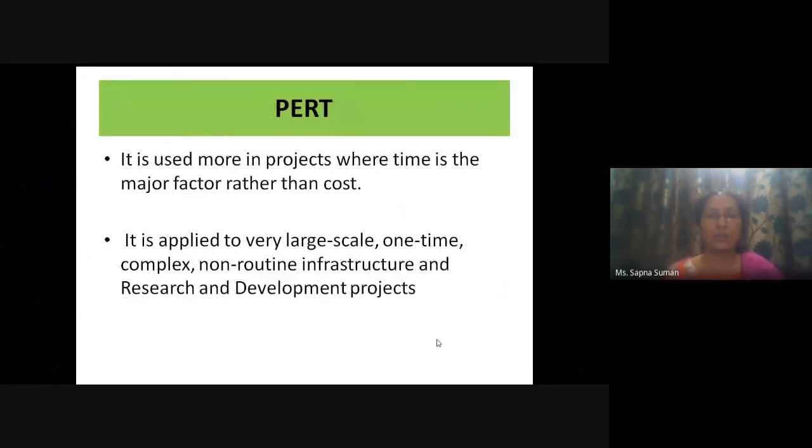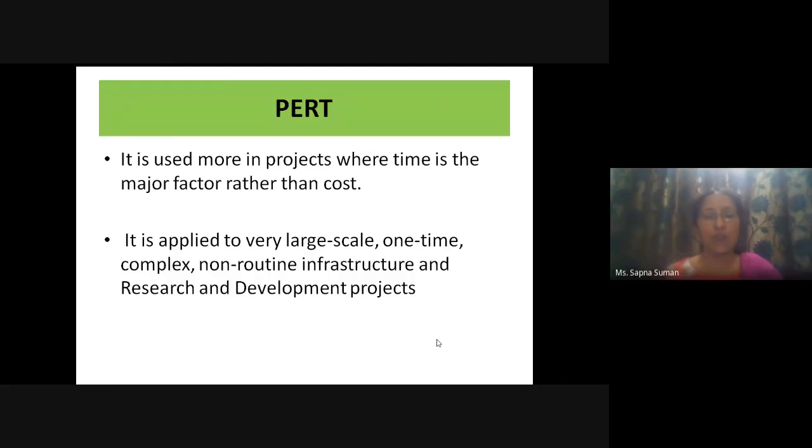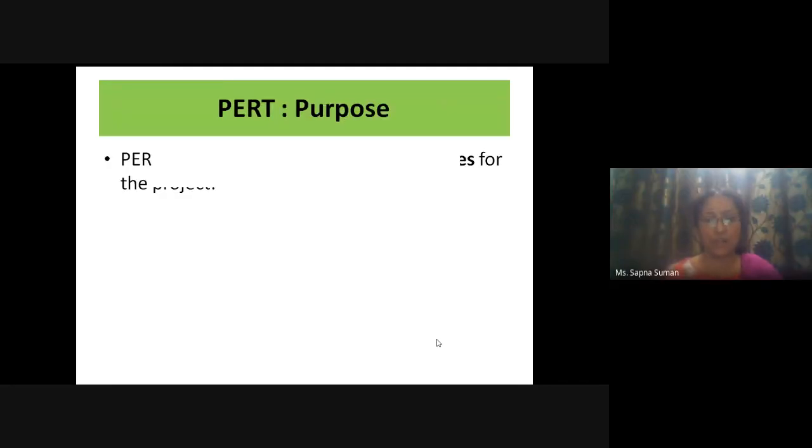So the time factor is important here, and basically this technique is used for large scale projects and research and development projects also. The basic purpose of the PERT technique is time estimation, how time is estimated.